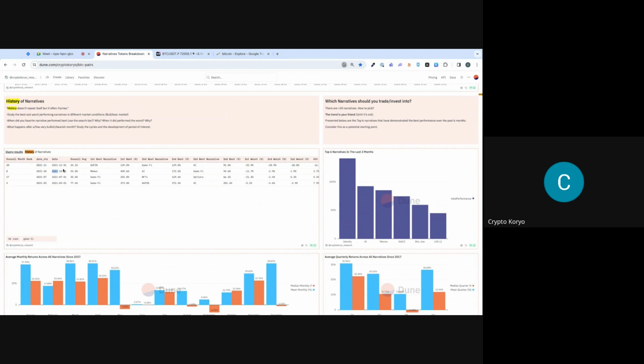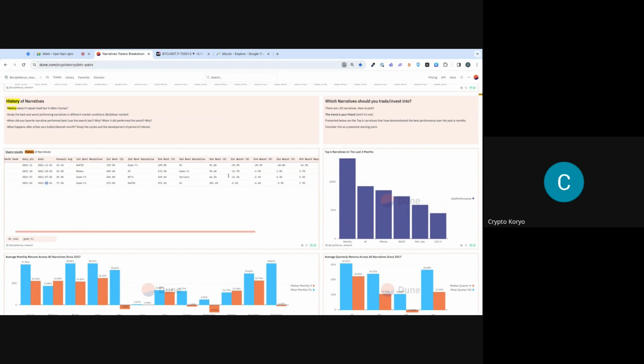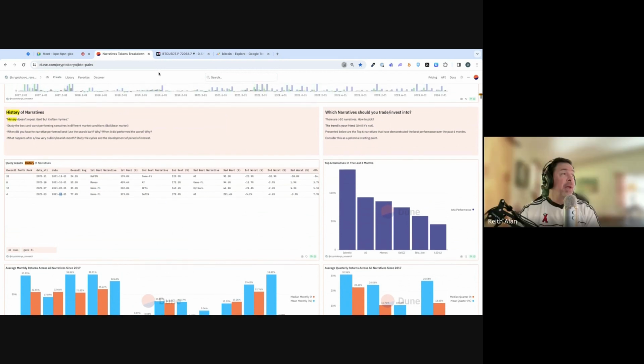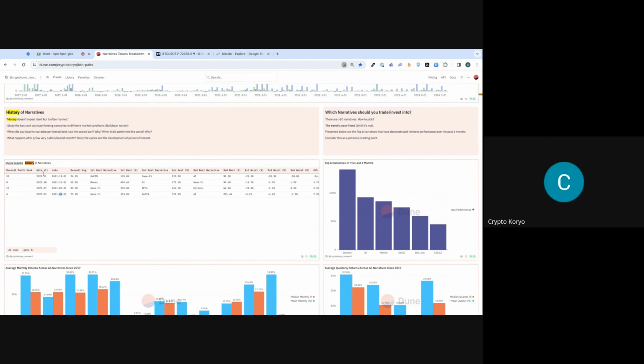It happened also in October, and also in July. This was Axie probably, and also this was Axie again. So the last time GameFi was among the three best performing narratives was in the bull market, and now we are seeing something similar.